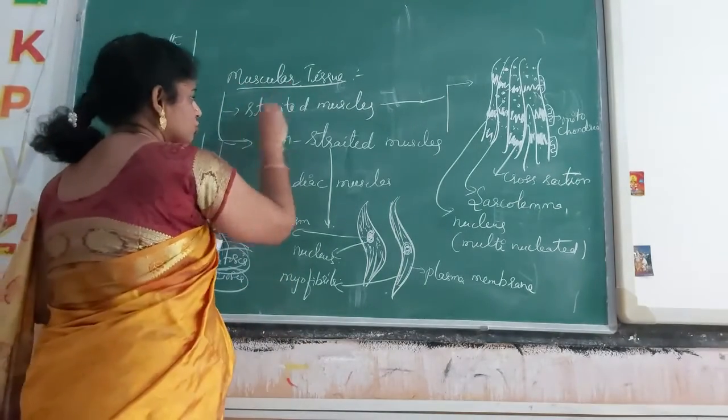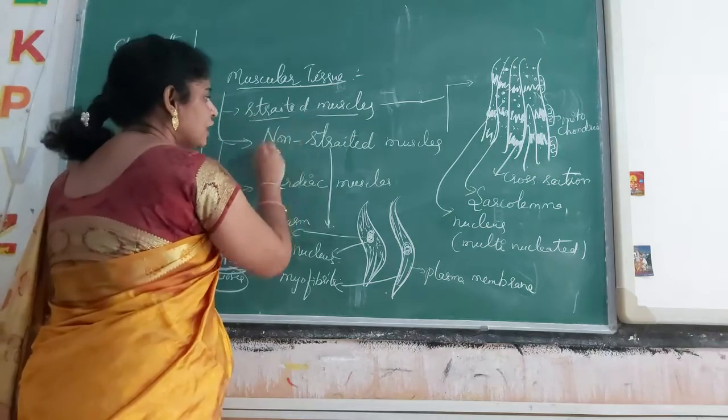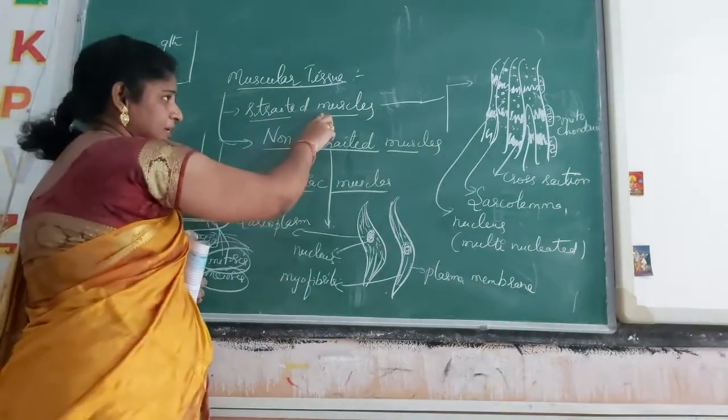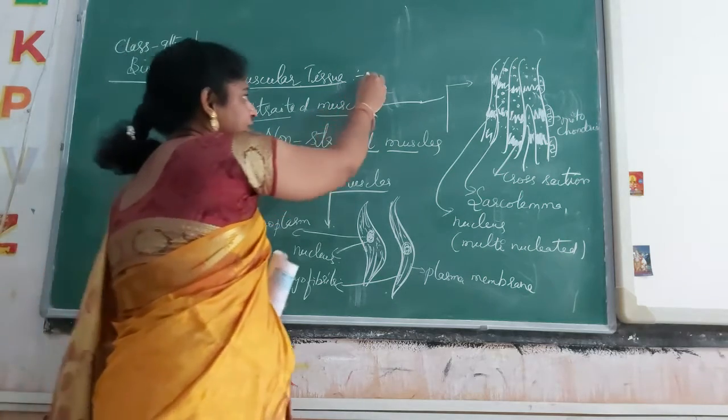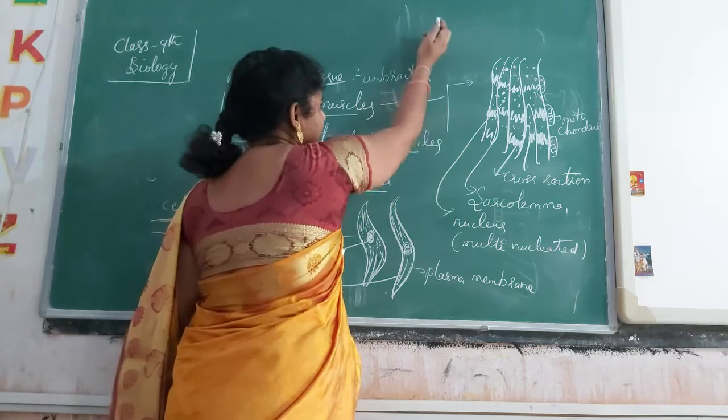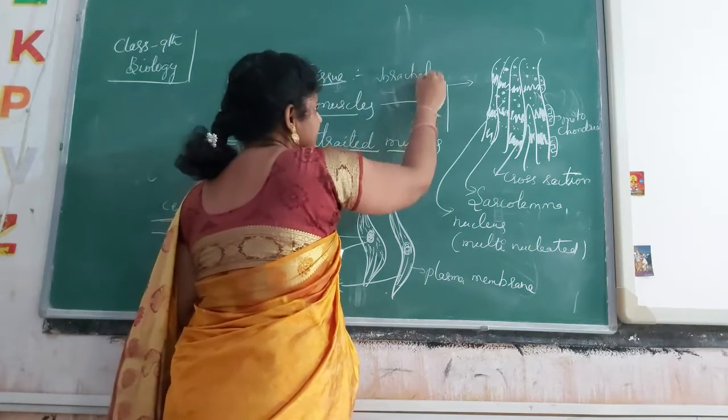So these muscular tissues are of three types: striated muscles, non-striated muscles and cardiac muscles. These striated muscles are unbranched. Sorry, one second.